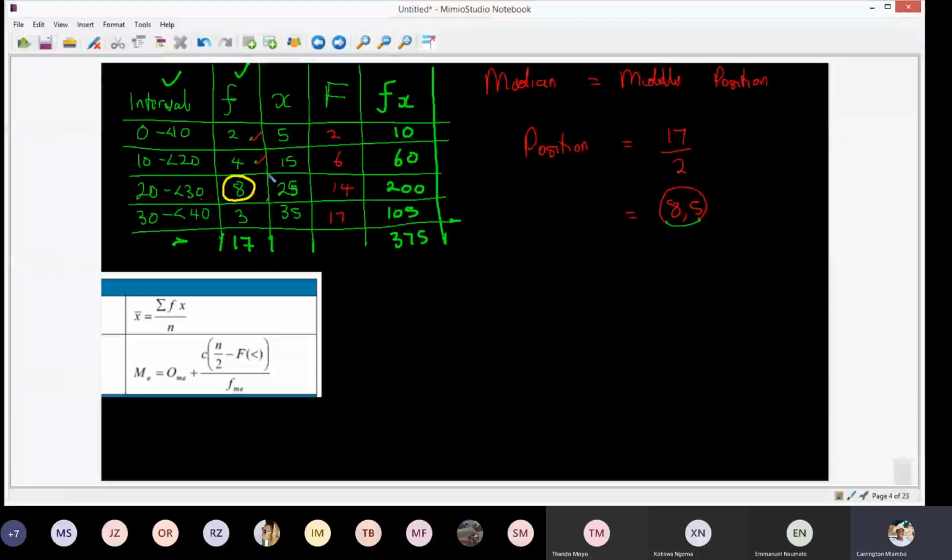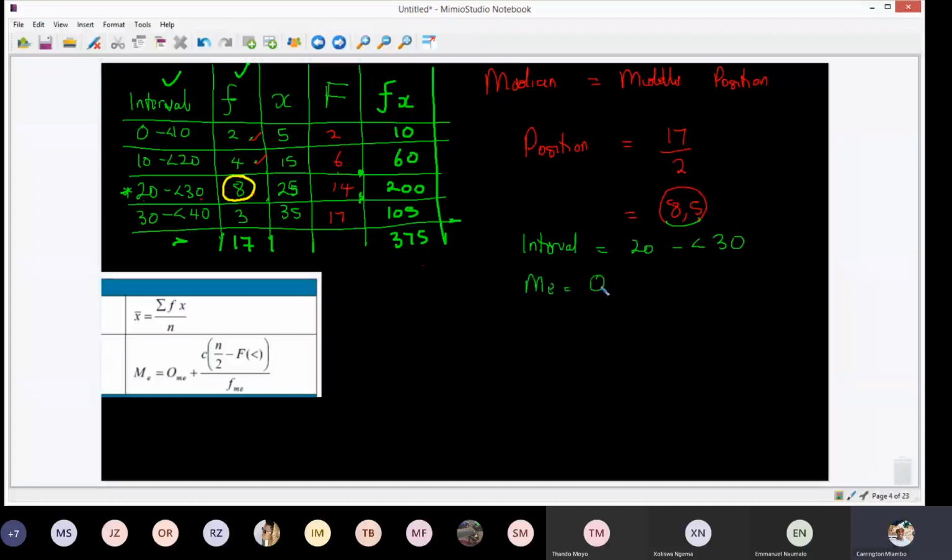So from 6 to 14, that's where 8.5 lies. Once you find the position, then you can find the interval. So our interval is still 20 to less than 30. Then let me write the formula.